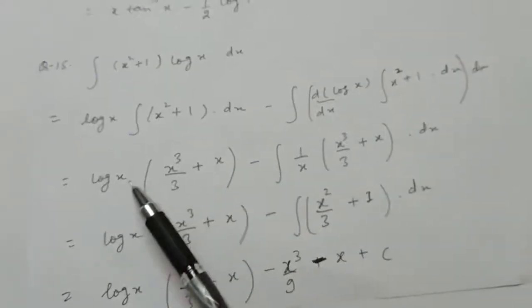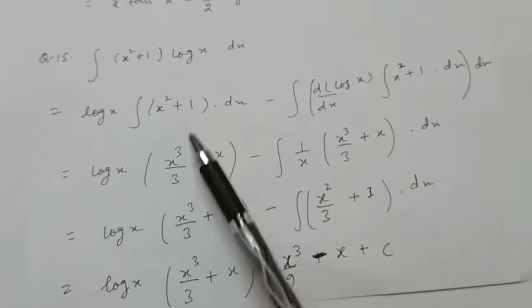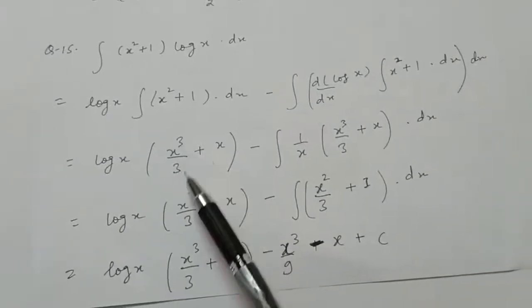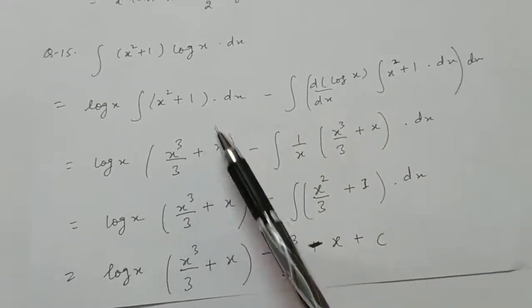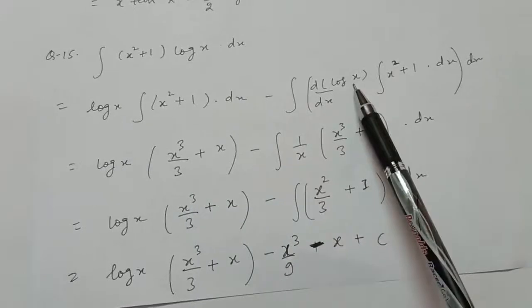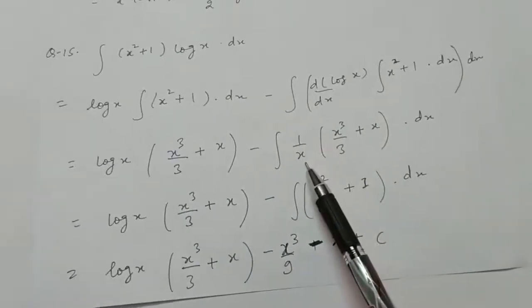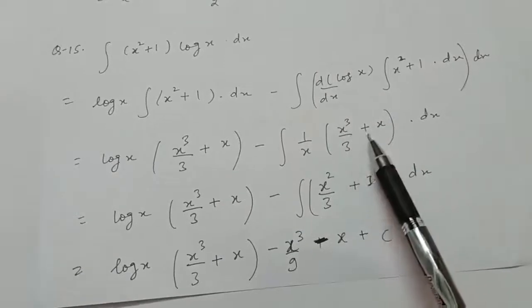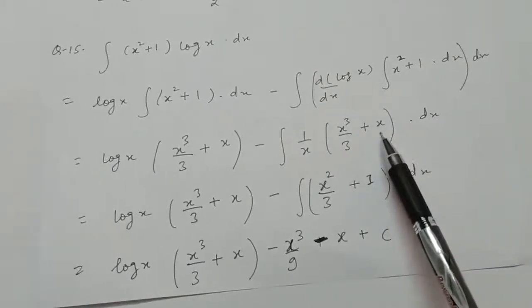Now log x as it is, the integral of x square plus 1 is x cube by 3 plus x, minus the integral of the derivative of log x, which is 1 by x, into x cube by 3 plus x.